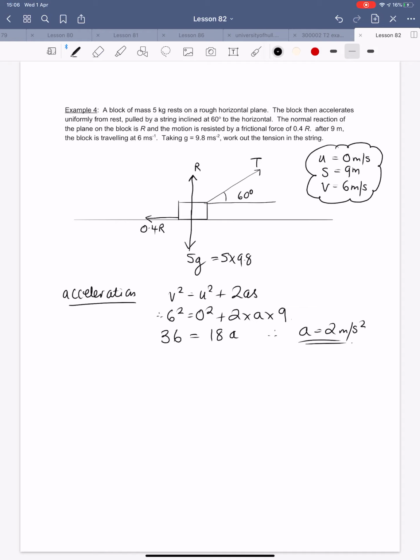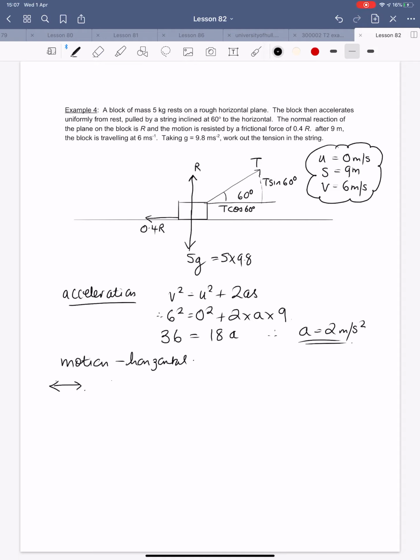Now the motion is going to be horizontal again. If we look at the horizontal components, that's going to be T cos 60 degrees, and this one here is T sine 60 degrees.